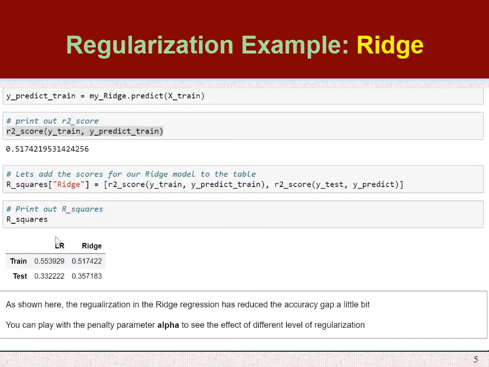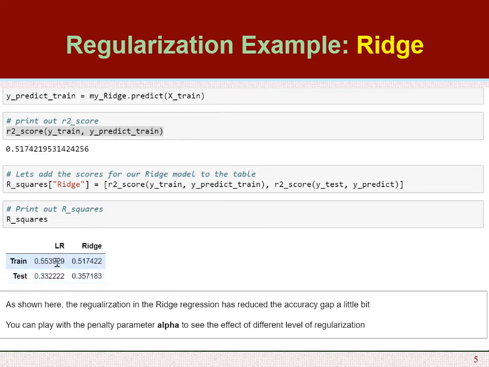Right, so as you see here, now we have the linear regression model and the ridge regression. For the training dataset, the R square value is 55% for linear regression and 51%, 52% for ridge regression, so it's decreased a little bit. For the test dataset, it was 33%, now it's almost 36%.